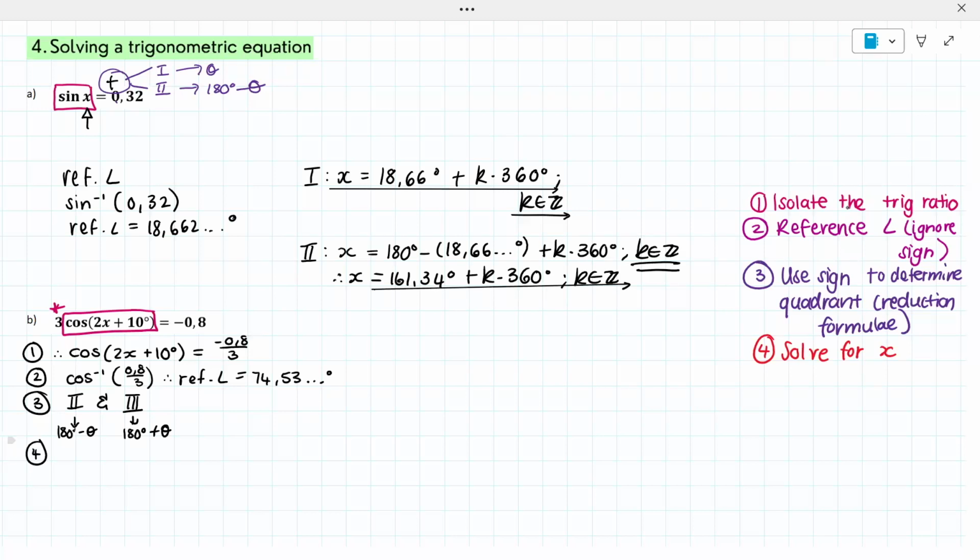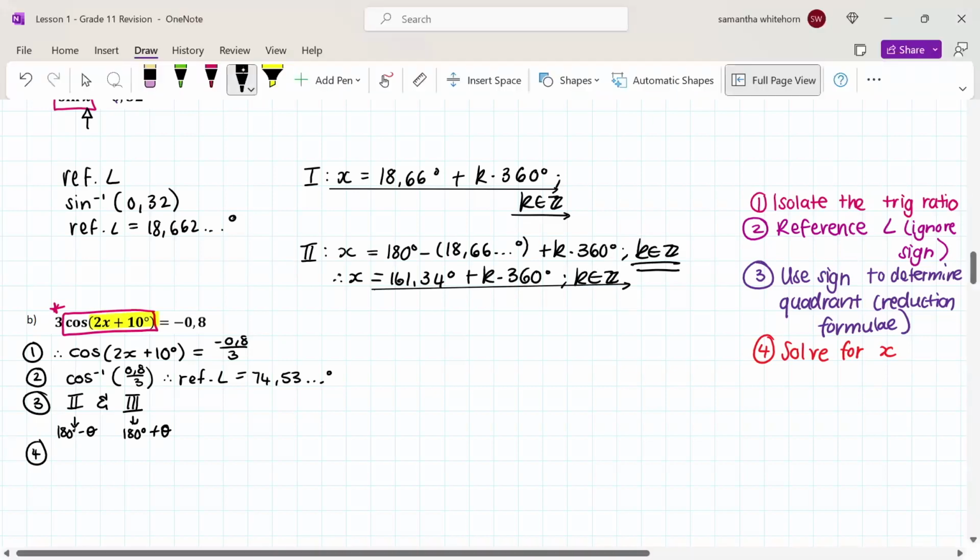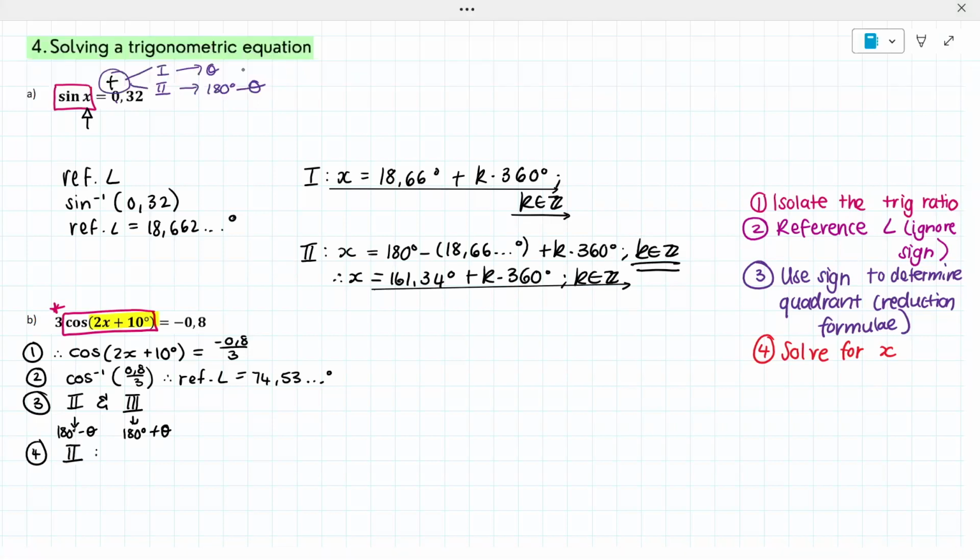Now I'm actually going to go and solve. So remember, you take the angle you were working with, in this case 2x plus 10, and that's what you equate to your reduction. So in quadrant 2, I have got 2x plus 10 is equal to my reduction, 180 minus my reference angle of 74,53, blah, blah, blah, plus k times 360. K is an integer.